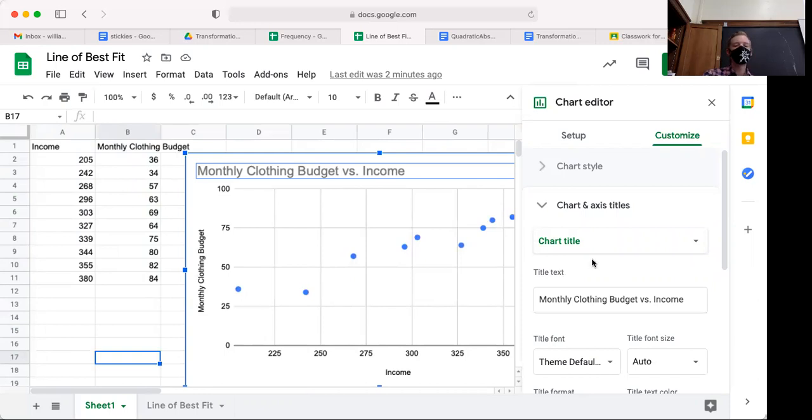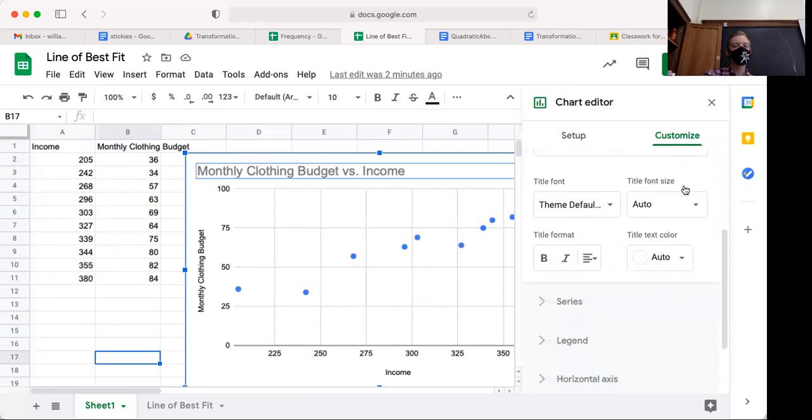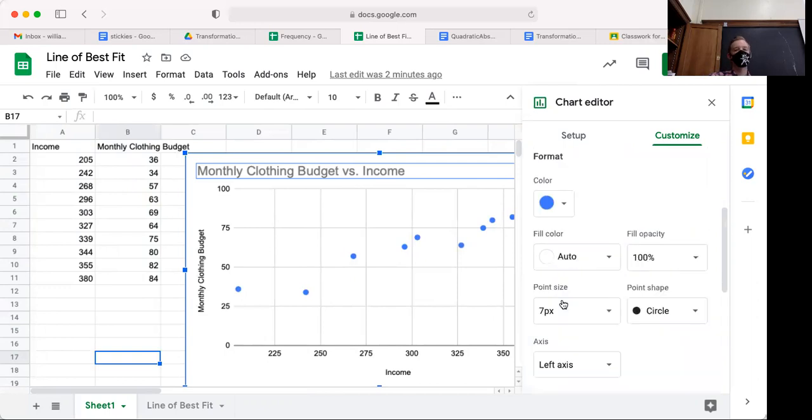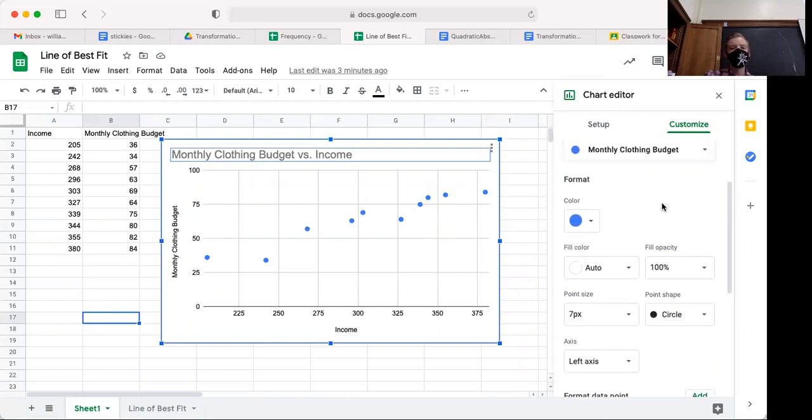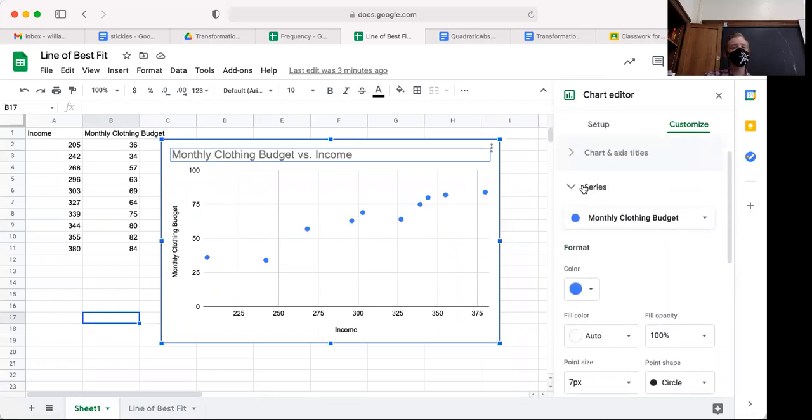Once you have the chart editor up, you want to go over to customize and scroll down the customize menu until you find series. I'm going to make this a little bit smaller so I don't have quite so much on my screen right now.